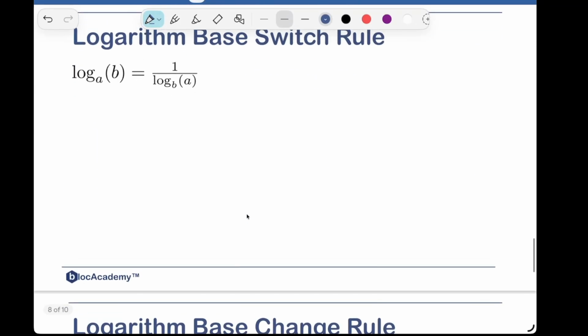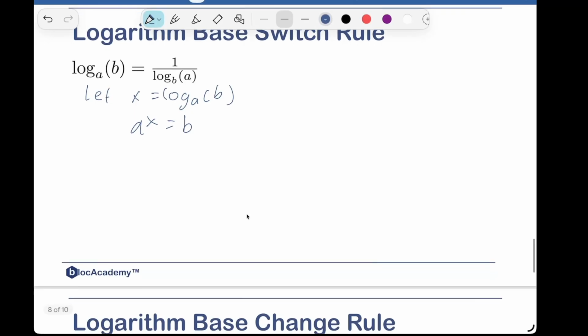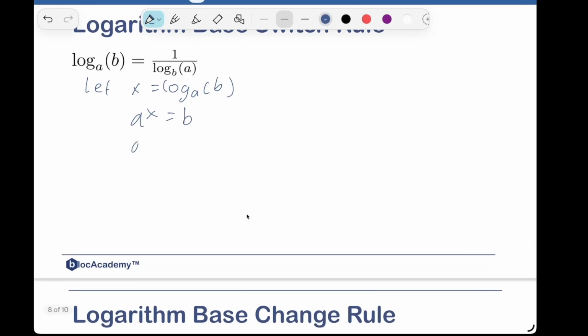Now let's look at the base switch rule. Let x equal log a of b, such that a to the x equals b. And we know if we raise both sides to the power 1 over x, we're going to get a equals b to the 1 over x. If we take log b of both sides, we get log b of a equals log b of b to the 1 over x.